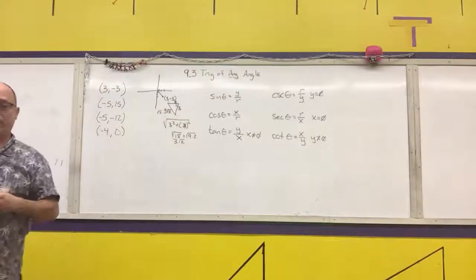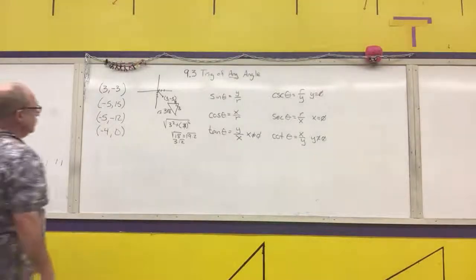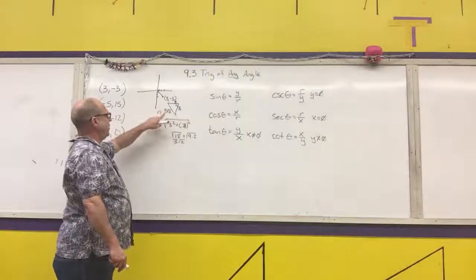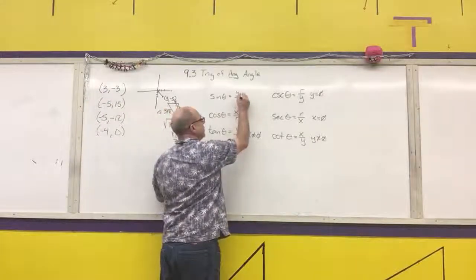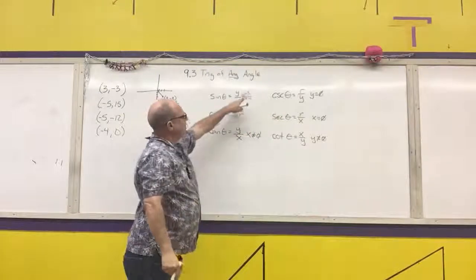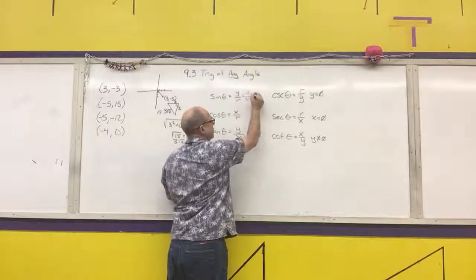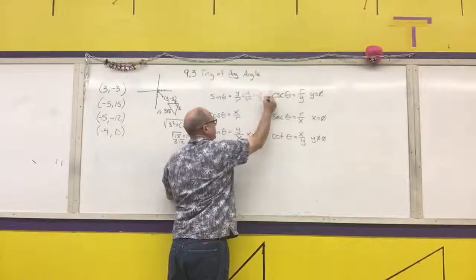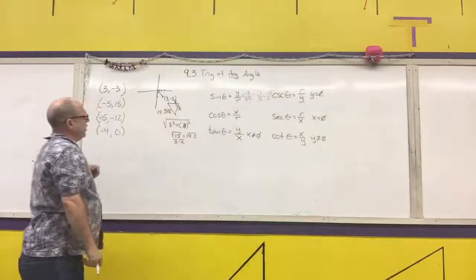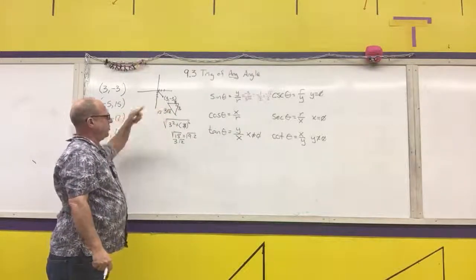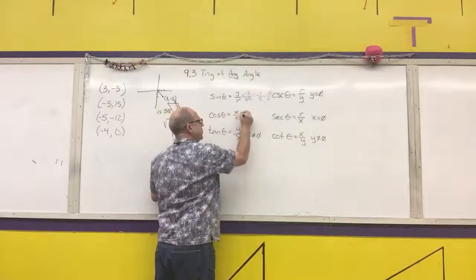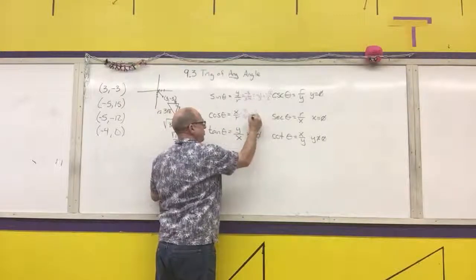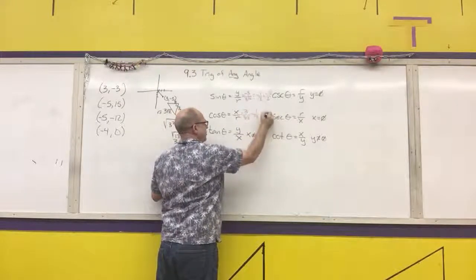So for the first example, the sine is y over r, -3 over 3 root 2. And notice here, I end up with -1 over the square root of 2, which is negative square root of 2 over 2. Cosine is x over r, which is 3 over 3 root 2. The 3's cancel, which is 1 over root 2, which simplifies to the square root of 2 over 2.